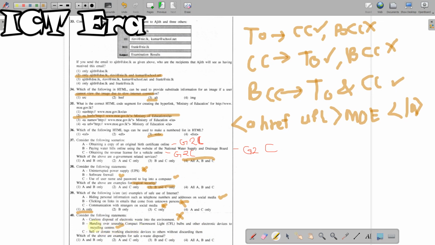Yes, that's the example for recycle. Sell or donate working electronic devices to others without discarding them. This is an example for reuse. So B and C can be taken as the answer, while the other one is reduce. Reduce means reducing the amount of electronic components that we are using.